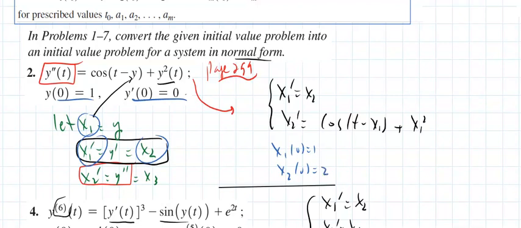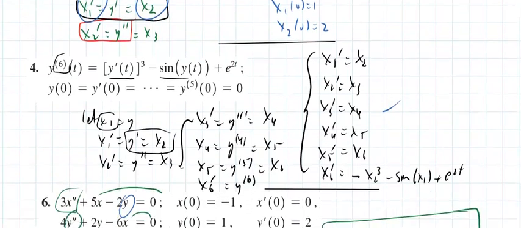There it is for the first one. For the second case, I have 6 of them. Well, look at them. Y is really x sub 1 of 0 equals y prime, that's x sub 2 of 0. All the way, y sub 5, that's x sub 6, and all of these are 0.